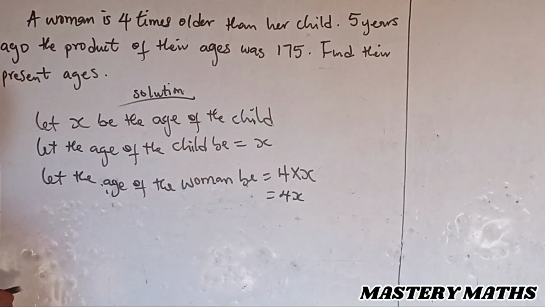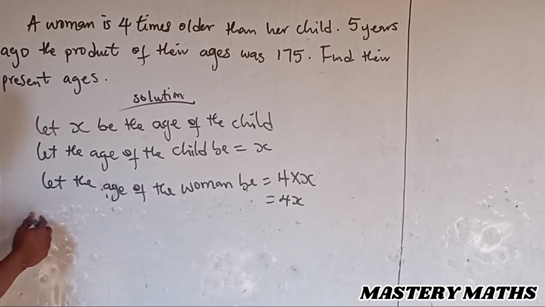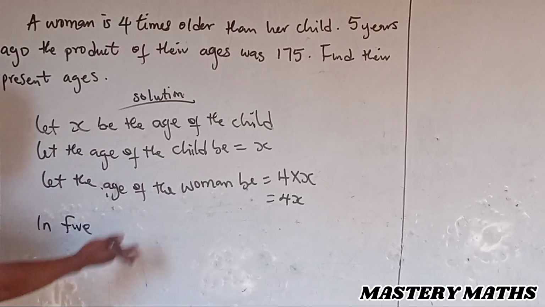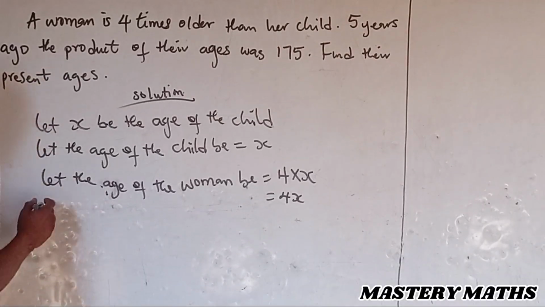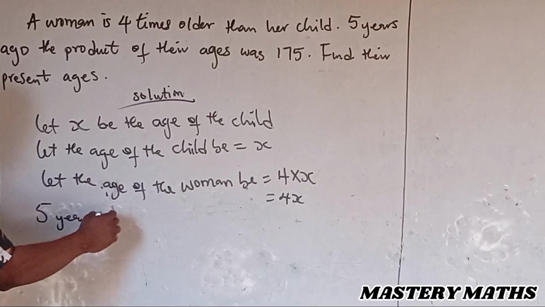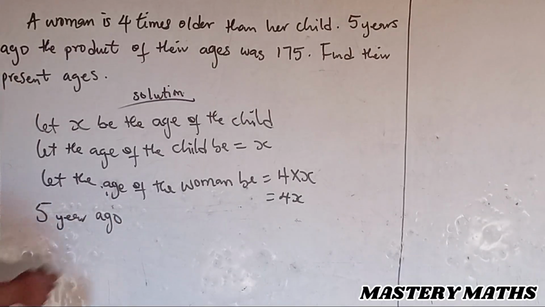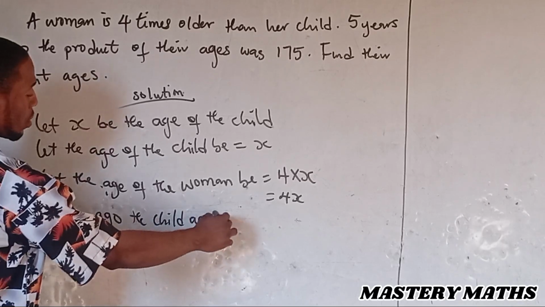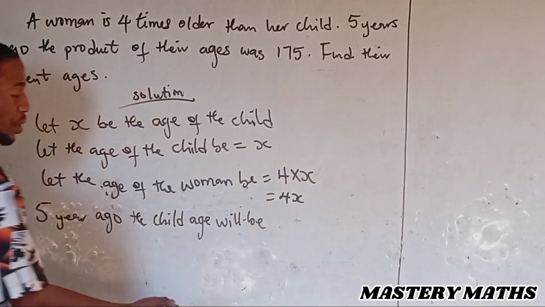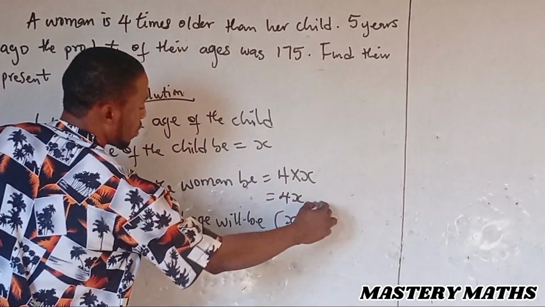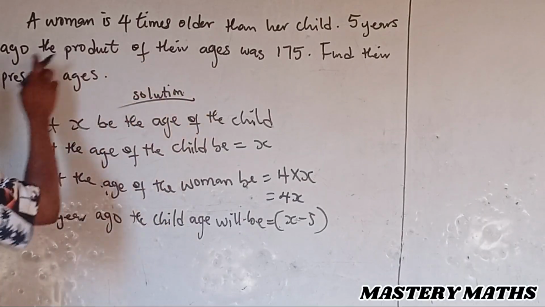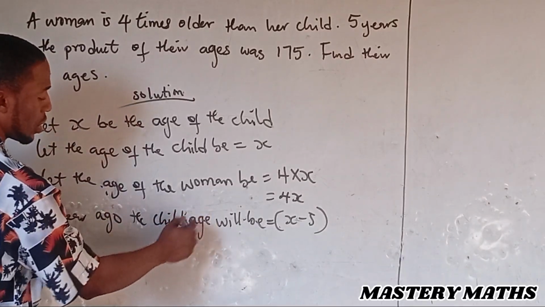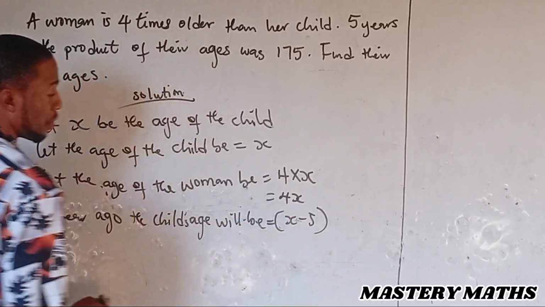So 5 years ago, the child's age will be X minus 5, because they said 5 years ago, the product of the ages. So 5 years ago, the child's age will be X minus 5.